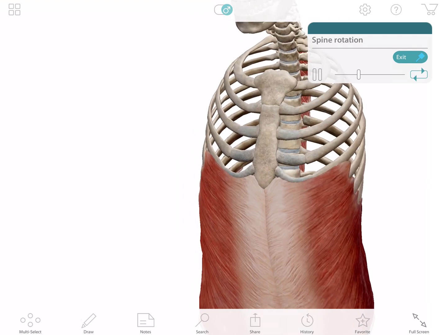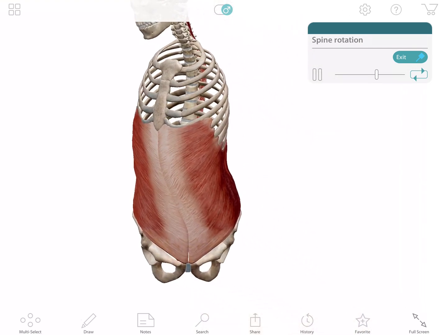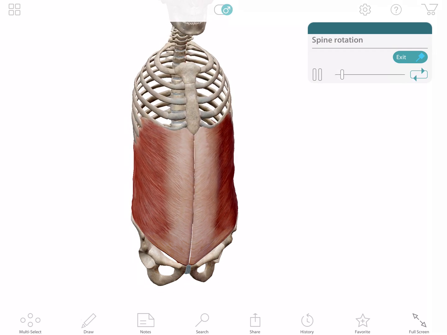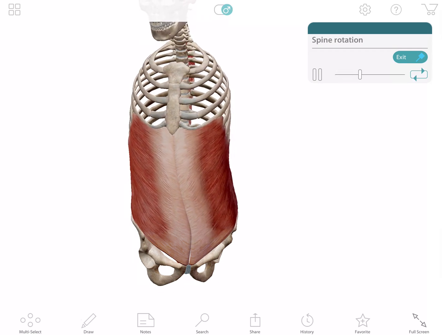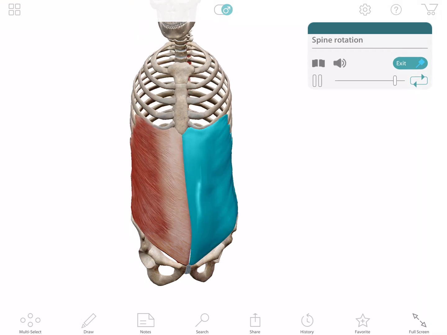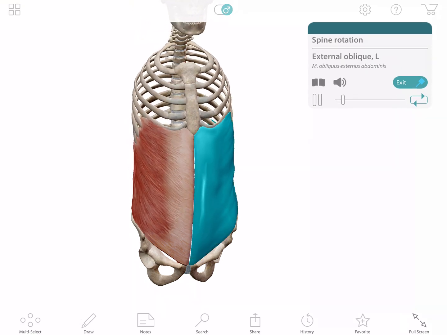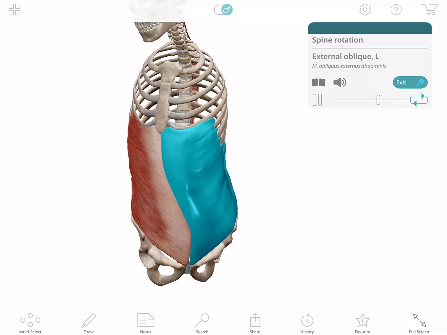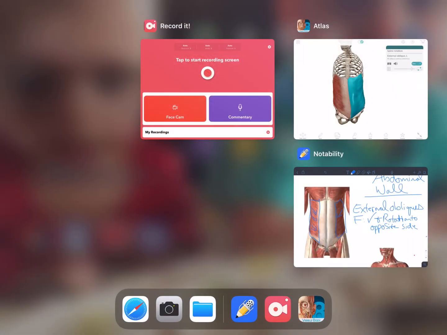Spine rotation. It's kind of a funky picture. So it's rotating to the right, so your left external obliques are working. When it's rotating to the right, your left oblique is contracting there and pulling you to the right.